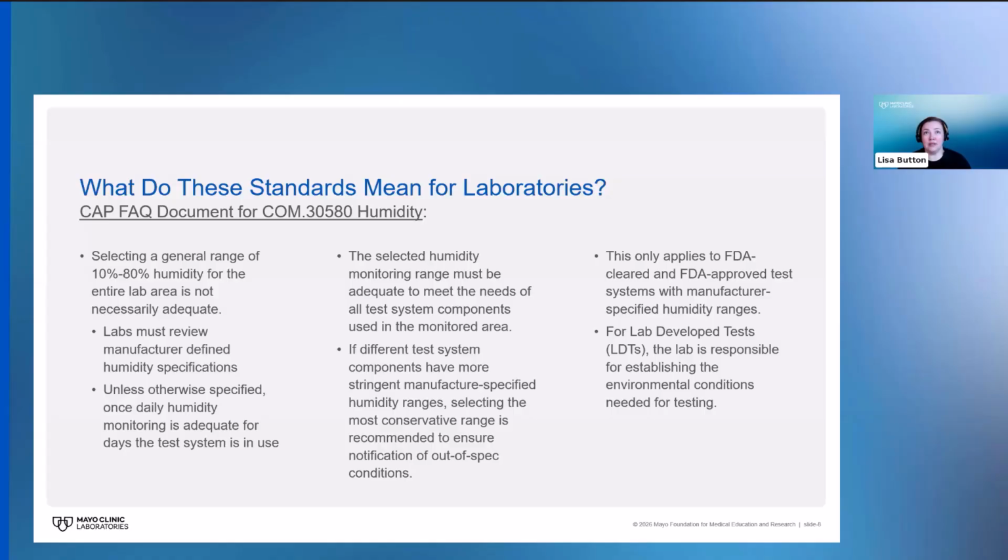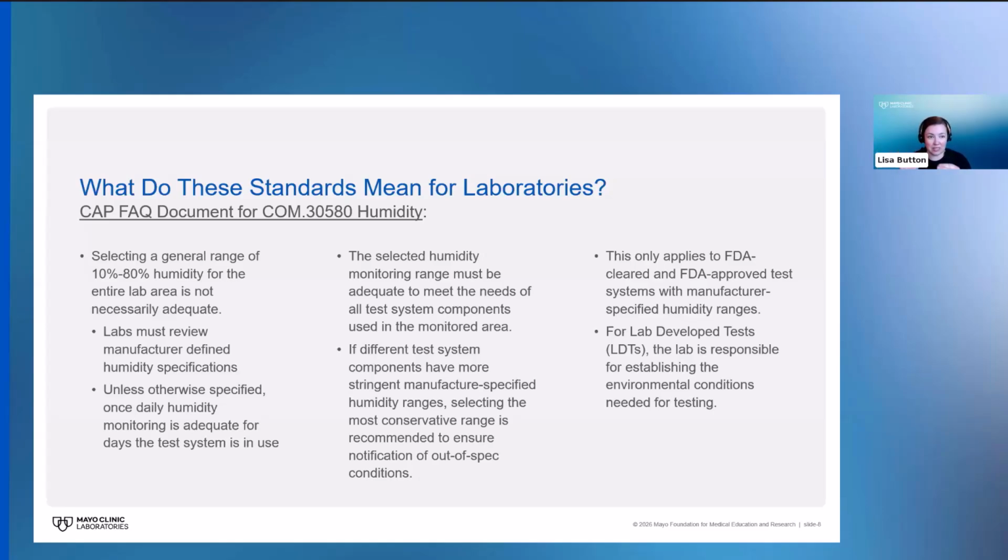We're also coaching our labs that they would want to choose the most conservative range for humidity. So if maybe you've got 3 different test systems that are operating within your laboratory, one has a range of 20 to 80% relative humidity, whereas another one has 25% to 79%. We've seen that before.